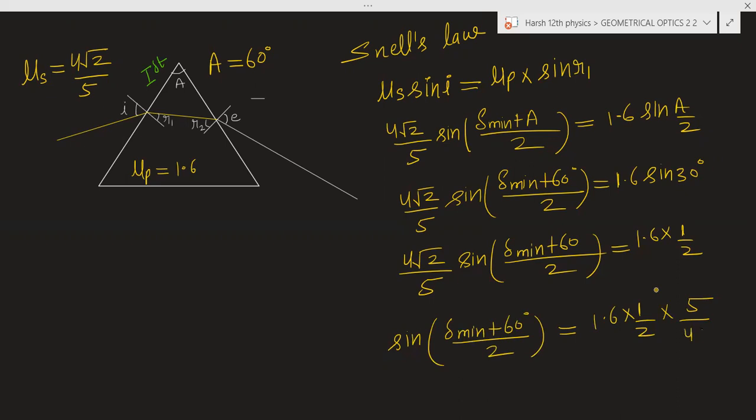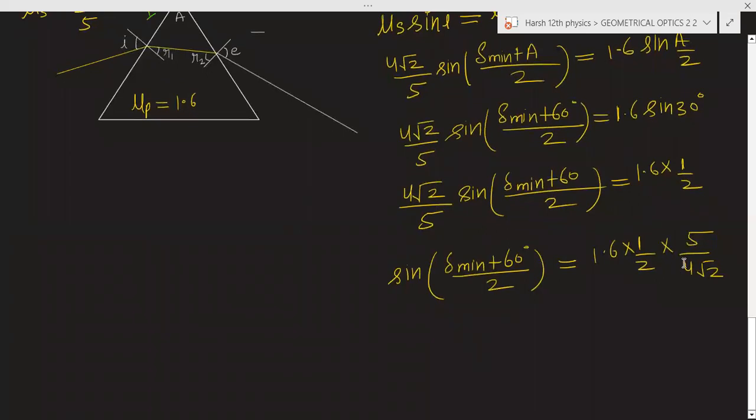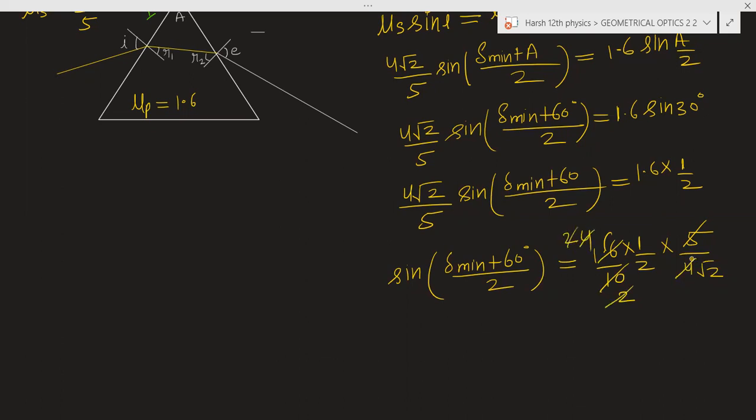When we solve it, here 5 twos are 10, and here 4 fours are 16, and here 2 twos are 4, and this 2 and 2 will be cancelled out.